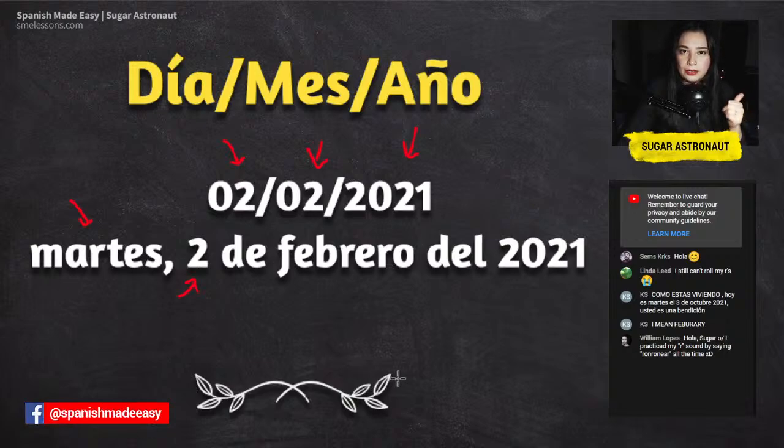You only use the number primero, which means first, to refer to the first day of the month only. I'll show you an example really quickly, but in Spanish, you don't use ordinal numbers. We don't say 2nd, 3rd, 4th, 5th, 6th. We just say the number, unless we're talking about the day number 1, which is primero. I'll show you in a sec.